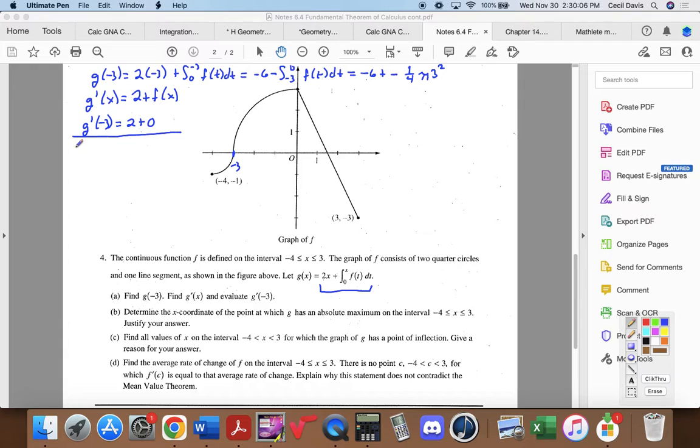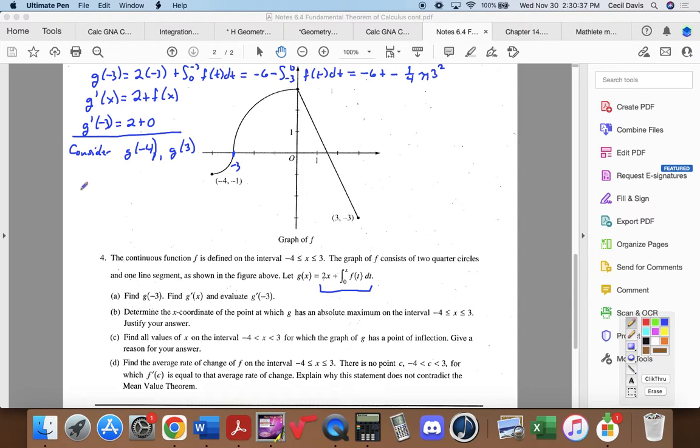So we're going to consider, and most students don't write it in this language, but this is really what you're doing. We need to consider g of negative 4. We need to also consider g of 3, the other endpoint. And we need to figure out, well, where is g prime equal to 0?